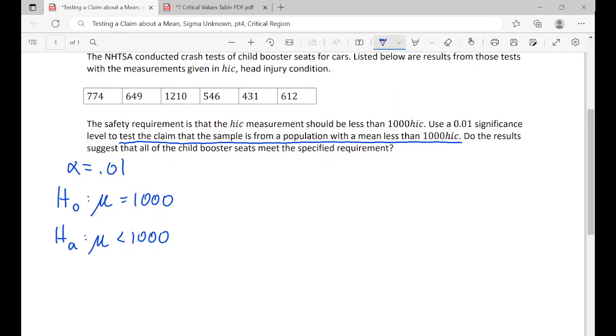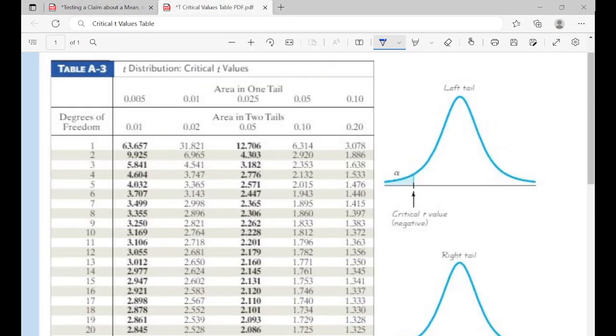Now we need to find the critical value, and we find that from our alpha value. And we can see here that we do have 1, 2, 3, 4, 5, 6 numbers, so our n value is 6. That means our degrees of freedom is 5. And this is a one-tailed test, left-tailed. So we're going to go to our critical values table. Since our significance level is 0.01, and it's a one-tailed test, we're going to be in the second column. And our degrees of freedom is 5, so we're going to be right here at 5.